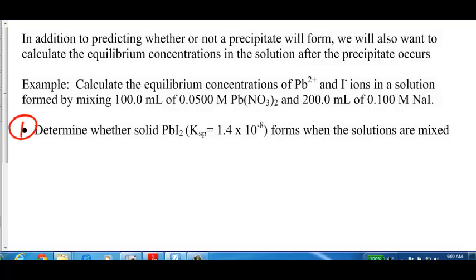So step 1, determine whether or not the precipitate forms when the solutions are mixed, which is what we just did. So we do an M1V1 equals M2V2, okay? We calculate Q, we compare it to K. We have to follow those 3 steps we just did, right? We need initial concentrations of the ions that are involved.